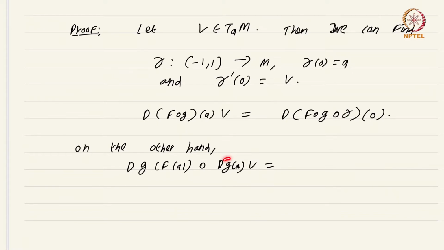Here I had applied it to F composed with G. Now I apply it only to G to conclude that this is nothing but DF at the point G of A acting on D(G∘gamma) at 0.